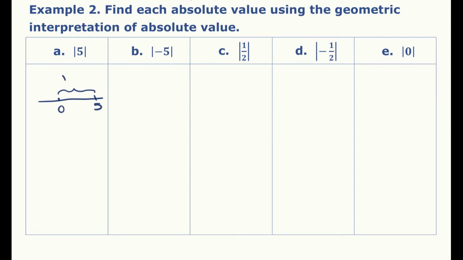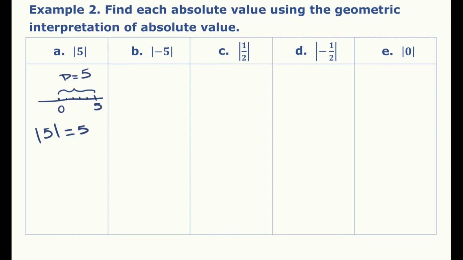That's the question, right? Notice that the distance is exactly 1, 2, 3, 4, 5 units. So that's why the absolute value of 5 is also going to be 5, because it's the distance between 5 and 0.